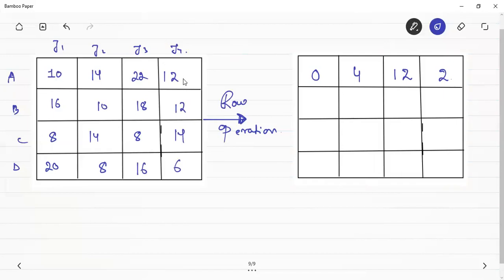But those Cij can't be negative, because time can't be negative or the inefficiency can't be negative. Therefore, we have to select the least entry of that row.